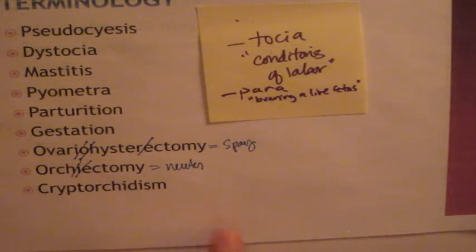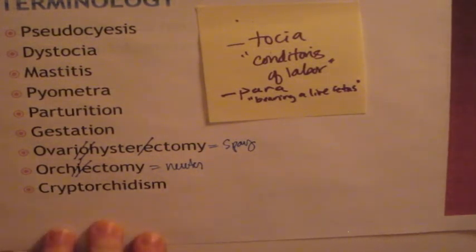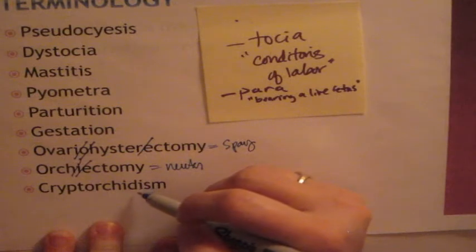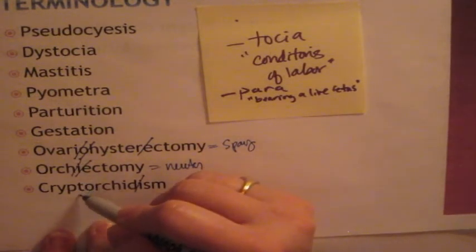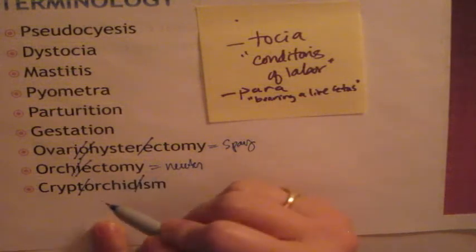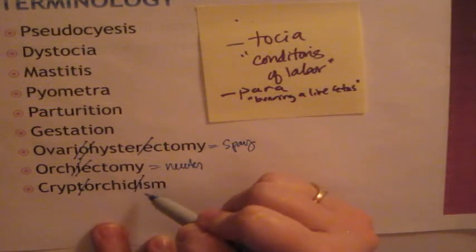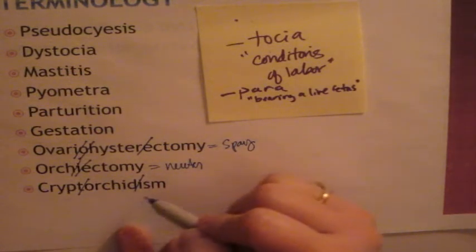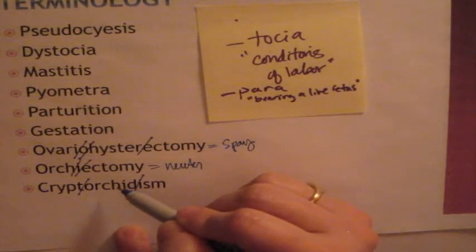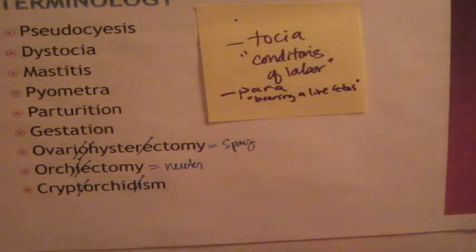Here we have cryptorchidism. In this terminology, cryptorchid means when you have one or two testicles that are retained within the body of a male.